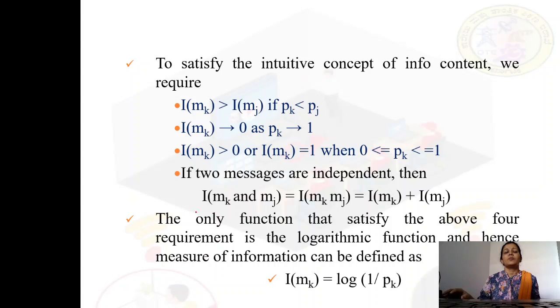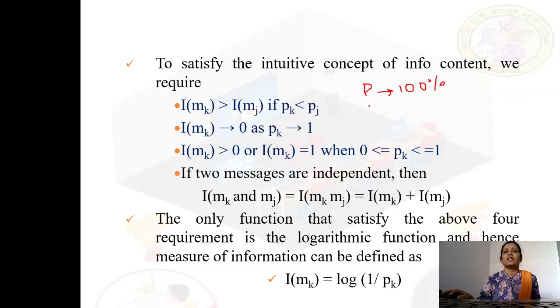Now, as per the previous discussion, if you are sending a particular message such as "sun rises in the east," and I ask you what the probability of that message is, everyone will say that the probability is 100%, because it will never happen that the sun does not rise in the east, right?